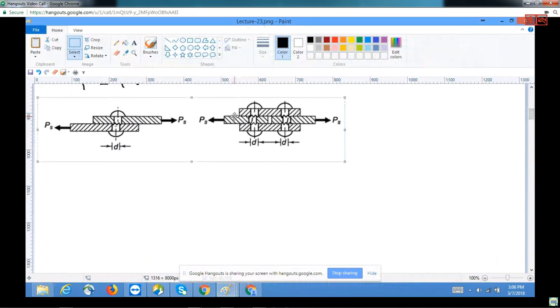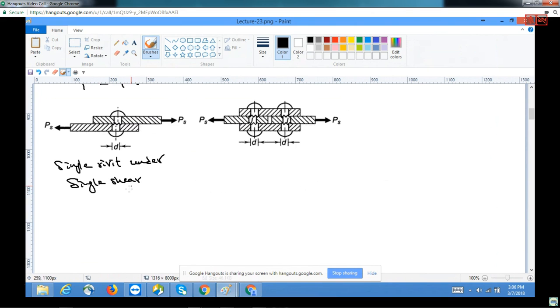In this first case, this is a single rivet under single shear, so the strength is given by pi by 4 d square into tau.